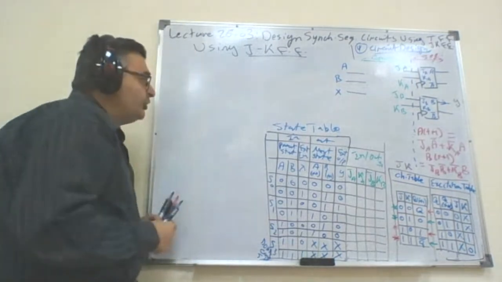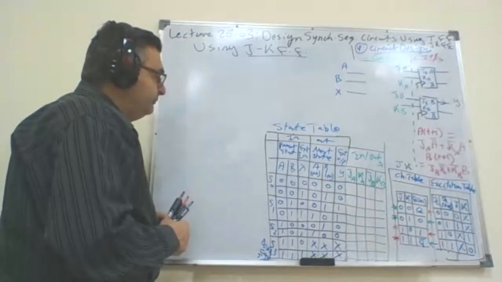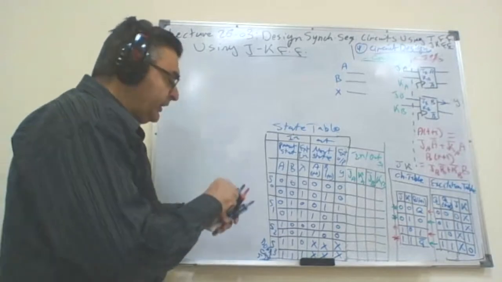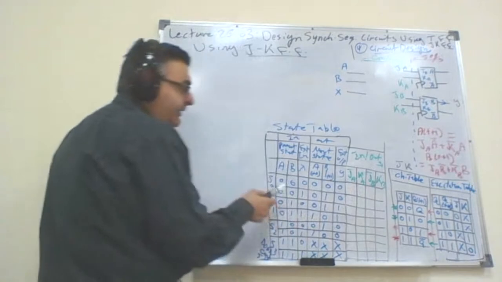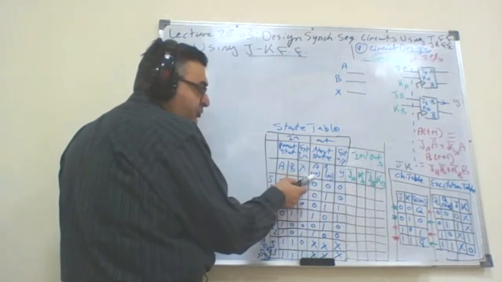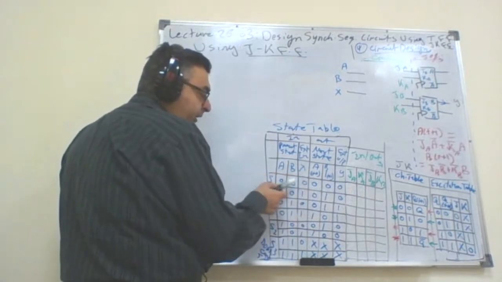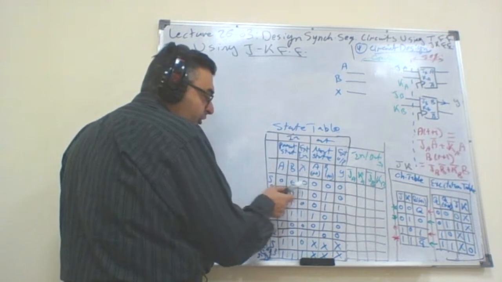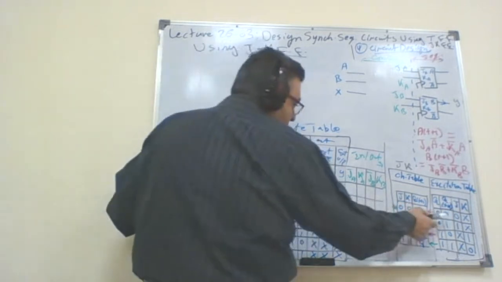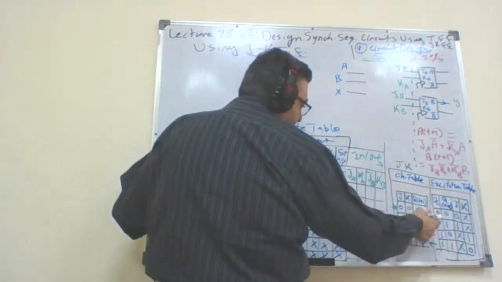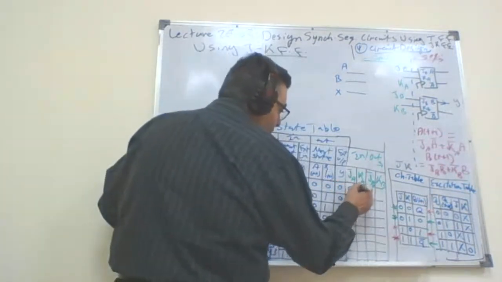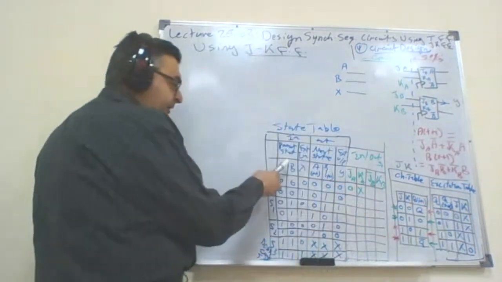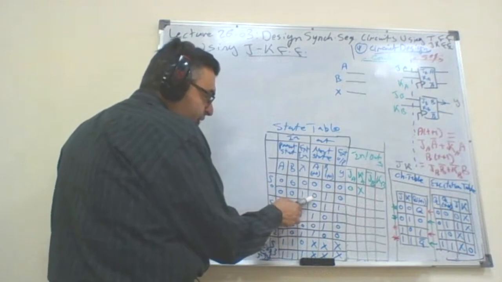Agree? So, accordingly, now I can derive JA and KA, given that I have A and A of T plus 1. So, A and A of T plus 1 zeros go to the excitation table. 0, 0, Q of T plus 1 is 0, X. So I have to use here 0 X. Next, 0 with 0.